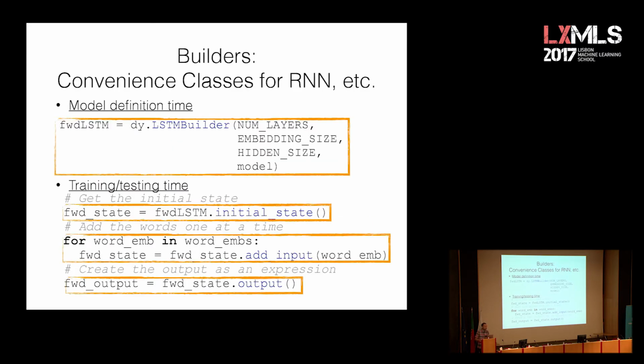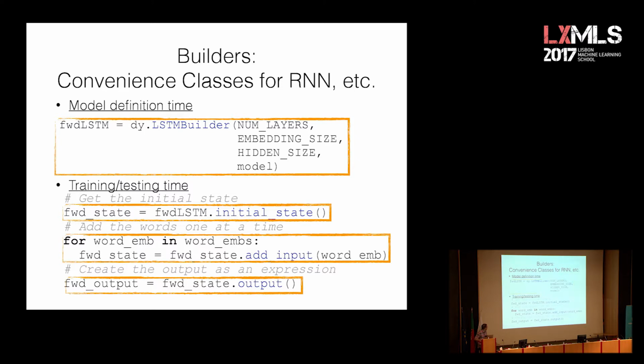Because one of the main use cases for DyNet is models that use LSTMs, for example, the parsing work that you all talked about yesterday, we have made it relatively easy to use these. So in model definition time, we have something called LSTM builder, where you define the number of layers in your LSTM. You define the size of the input to the LSTM, which is called the embedding size here, because it's often a word embedding. We take the hidden size, which is the size of the vector that the LSTM is going to compute.